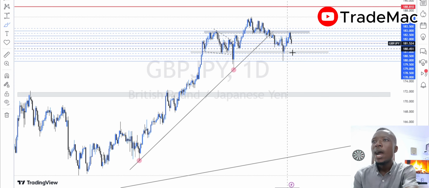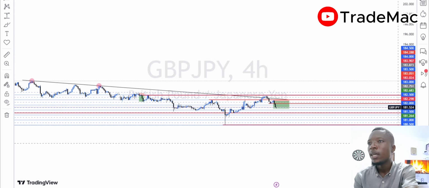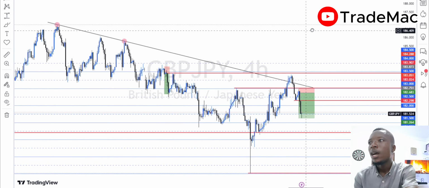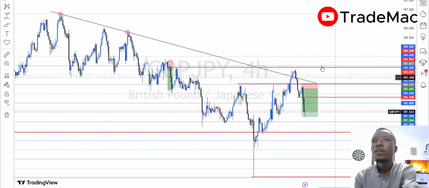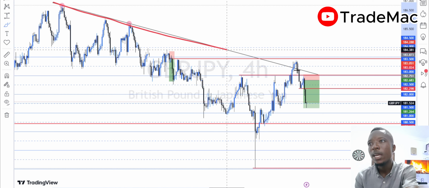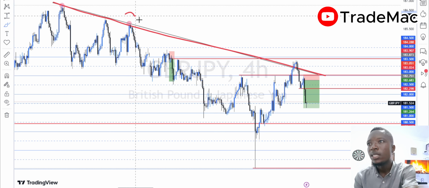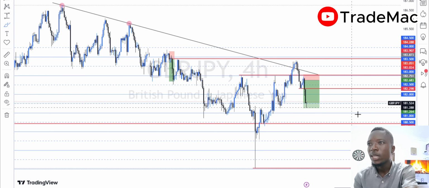So I moved to the 4-hour. And at the 4-hour I saw that I'm having this trend line right here, and it has been respected for the first time, the second time, and I was looking out for the third test of the trend line.